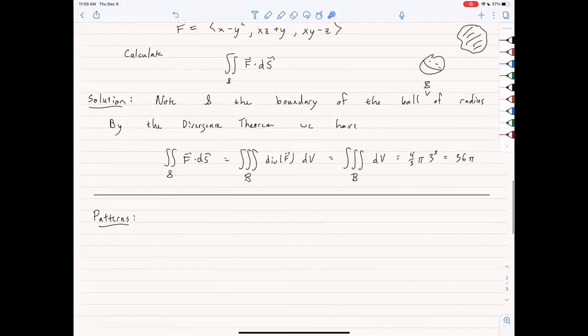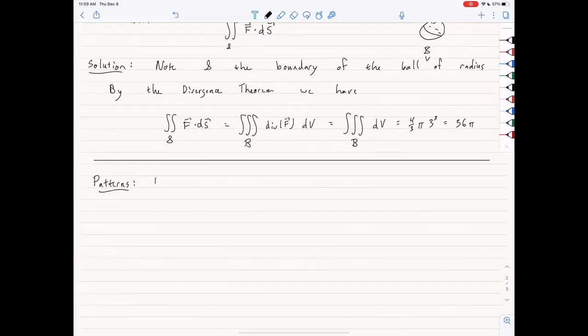So note, like the fact that the curl of the gradient equals 0, we also have that the divergence of the curl of a vector field is 0.